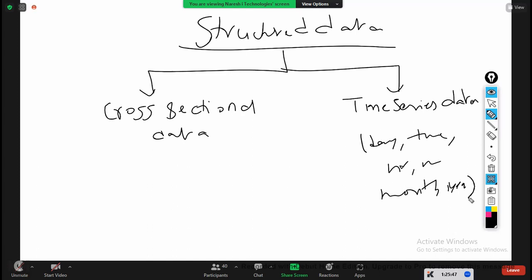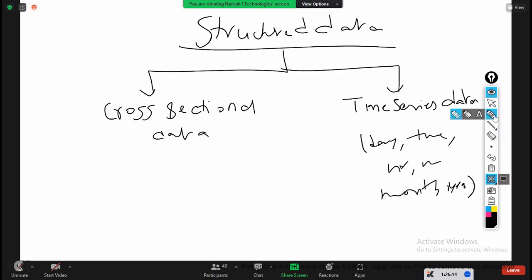It changes with time. At 2 o'clock at night, Ameerpet is completely empty, you can even go at 100 speed, no problem. But at 7 or 7:30, the traffic will be very high, we can't even go at 30 speed. So we are predicting the traffic at different times, and that is considered time series data.